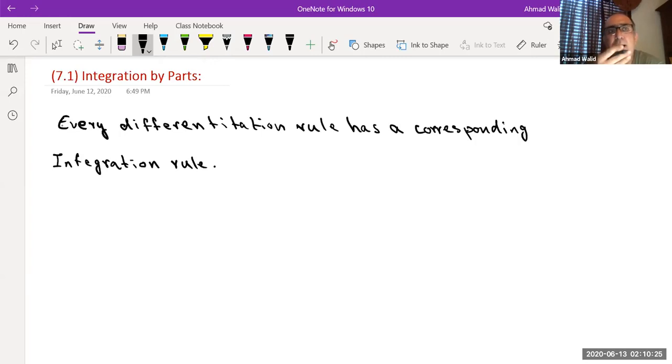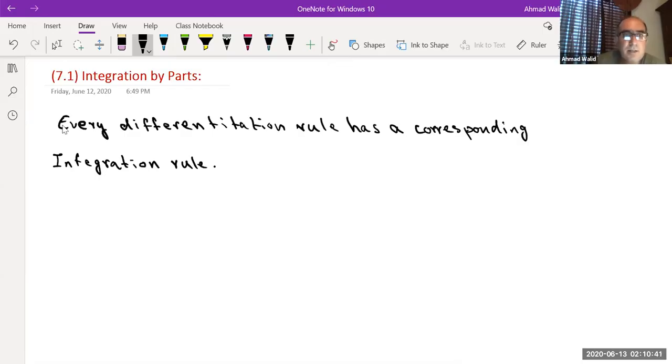Now, where can I use integration by parts? Remember the product rule? When you have a product rule for differentiation, the corresponding rule of integration is integration by parts.